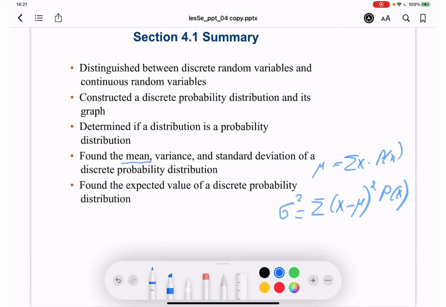And the standard deviation, sigma, is equal to the square root of the variance. And we calculated the expected value of a discrete probability. Just don't forget, when you solve problems related to chapter 4.1, underneath you should find the link to the online free calculator for discrete probability distribution.